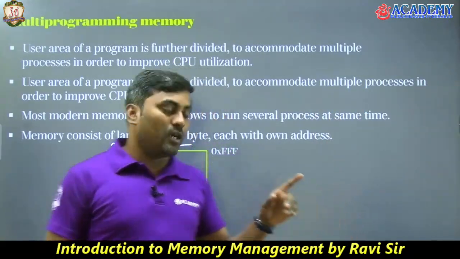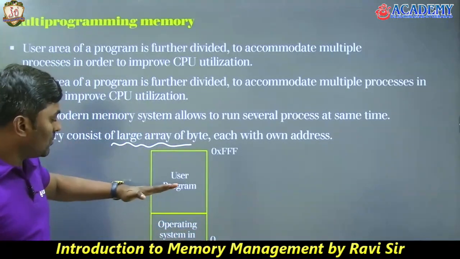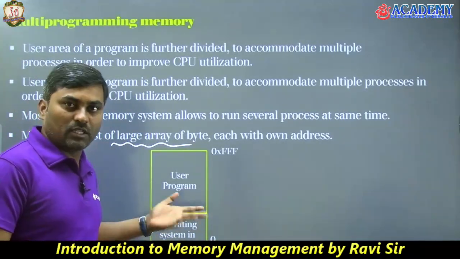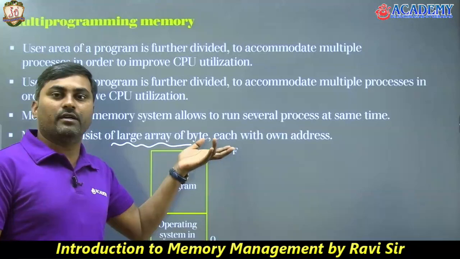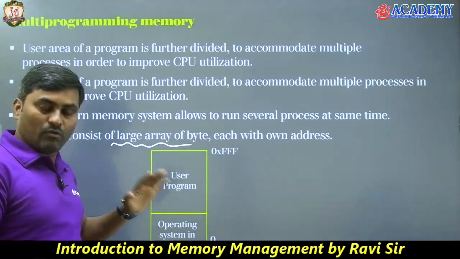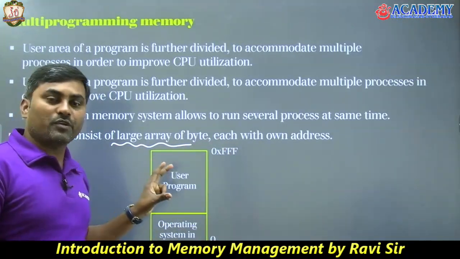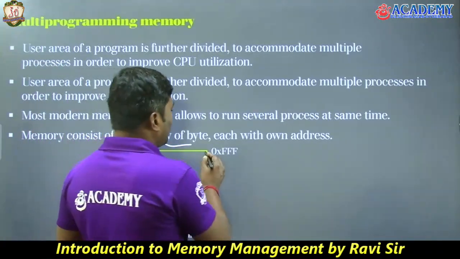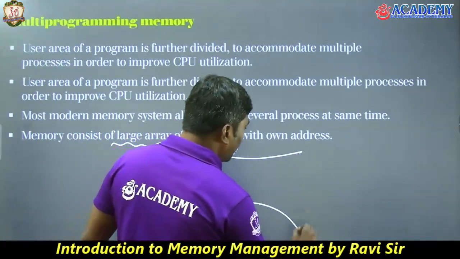Under the multi-programming environment, the operating system will reside on the lower address side or higher address side, depending on architecture, and the remaining portion we call the user area. This user area is partitioned.